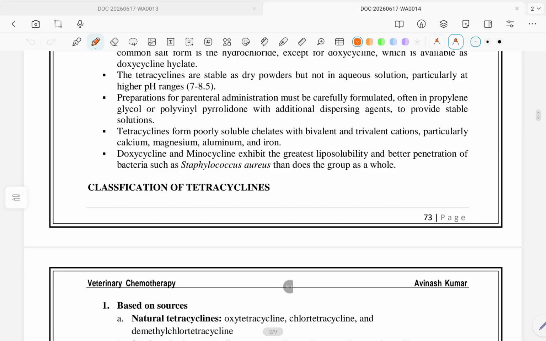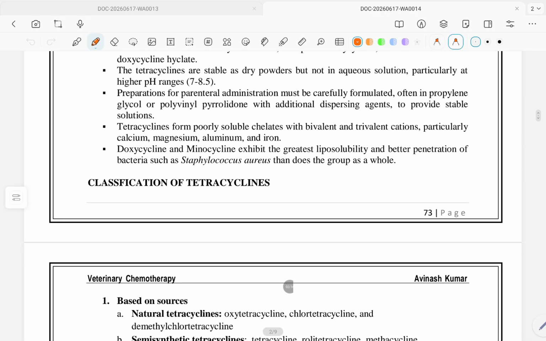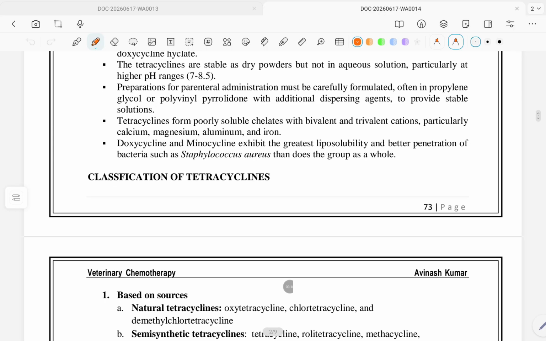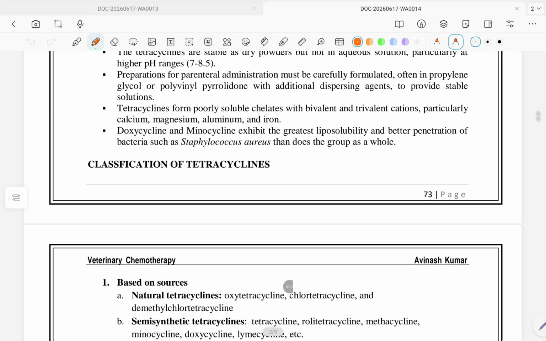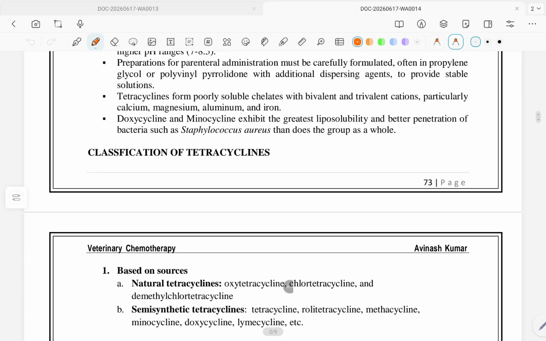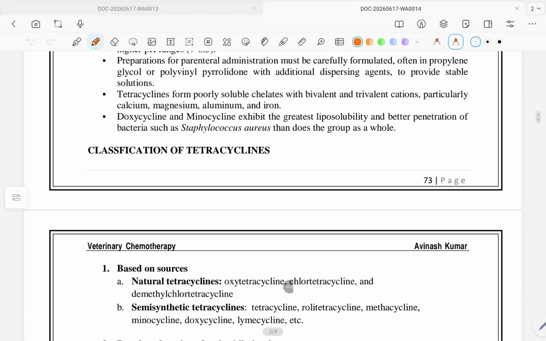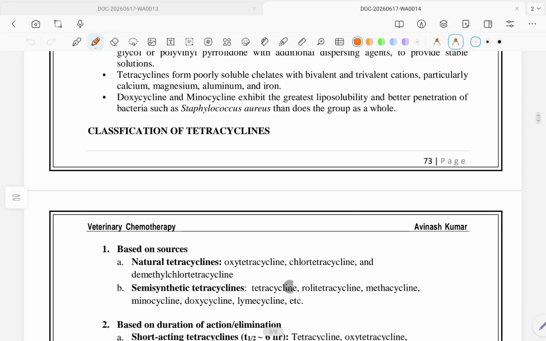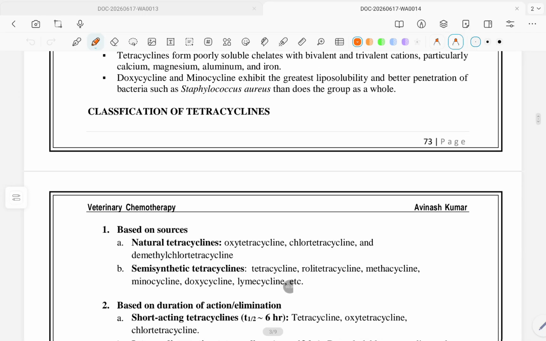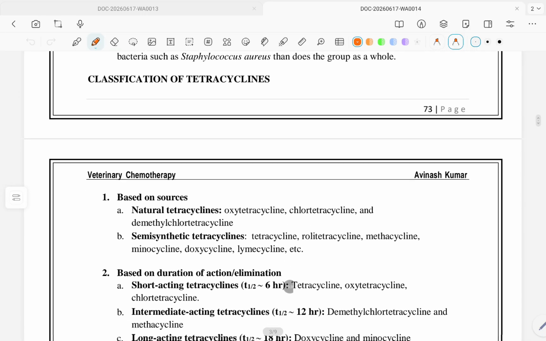Tetracyclines form poorly soluble chelates with bivalent and trivalent cations, particularly calcium, magnesium, aluminum, and iron. Doxycycline and minocycline exhibit the greatest liposolubility and greater penetration of bacteria such as Staphylococcus aureus than does the group as a whole.